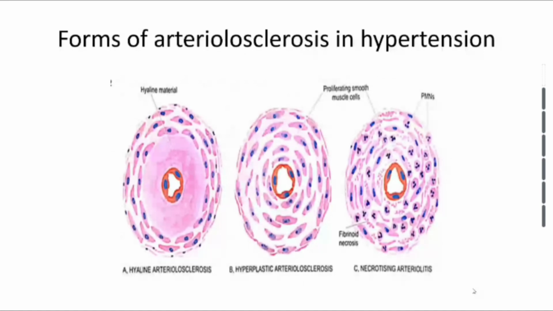And of course, there is still also proliferation of the smooth muscle cells in the tunica intima. And so just like the others, the effect will be to reduce the lumen. And so the blood flowing to the area that is supplied by those vessels will reduce because the vessel lumens are going to reduce in size.